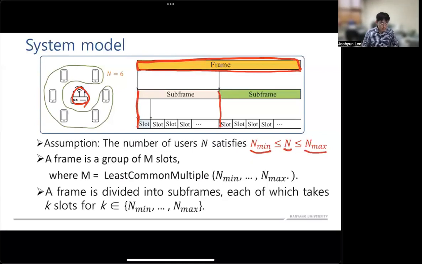Okay. And the number of slots in a frame is set to be the least common multiple of all the integers between n min and n max, such that we can divide this frame by the number of actual users and still have an integer number.